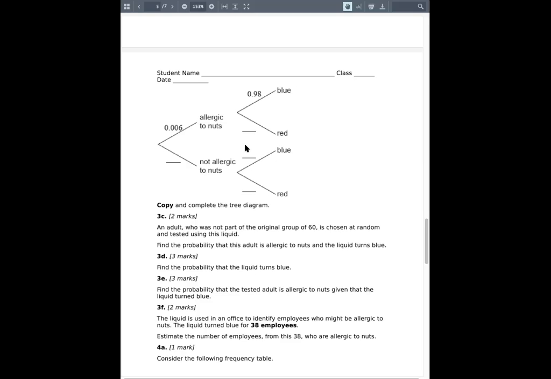So your final equation should be 0.006 multiplied by 0.98 plus 0.994 multiplied by 0.05. Make sure you show all your work like you would on a test. Since you would not get the exact value, you need to round to 6-fig form, so you would have 0.0556.